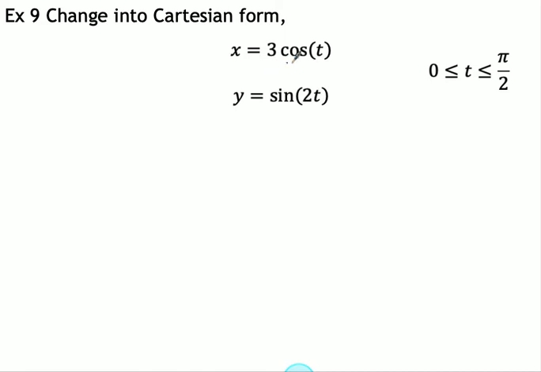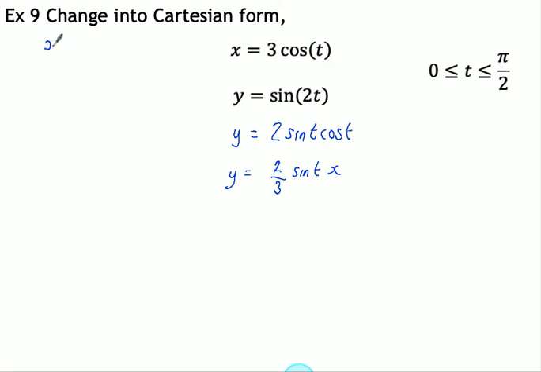Okay, and then this one we have a double angle. Again, we have this restriction. Sine 2t, we like sine 2t because there's only one way of writing it, so let's do that. And then hopefully we can see how this is similar to one we did a couple of examples ago, in that I can now replace this cos t with x over 3. And then I need to find out what sine t is.